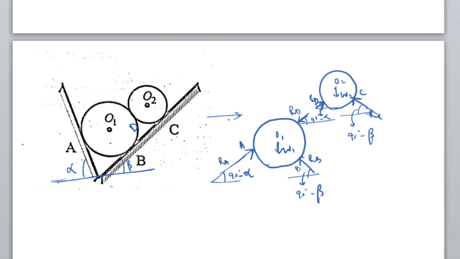In case of supports, mention them by support reaction, and in case of strings, mention them by string tension, and clearly show the magnitude and direction. After that, if any other dimension is left in the free body diagram, you show that dimension. After that, your free body diagram will be complete.